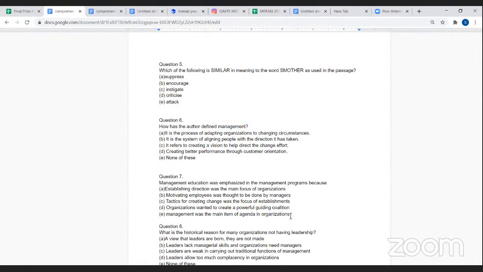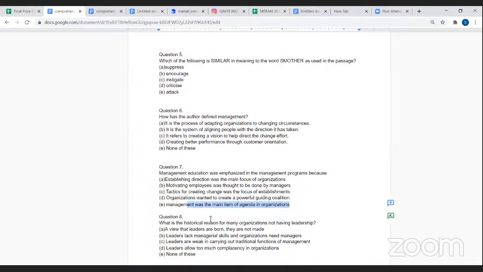That's it. Management was the main item of agenda in organizations.